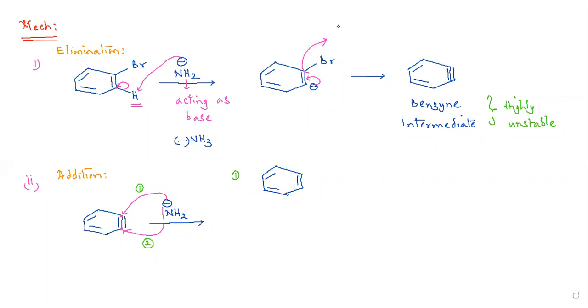We get a negative charge here in the first possibility, because as and when NH2 minus attacks this carbon, this will go here. So that is how we get this negative charge. Okay.